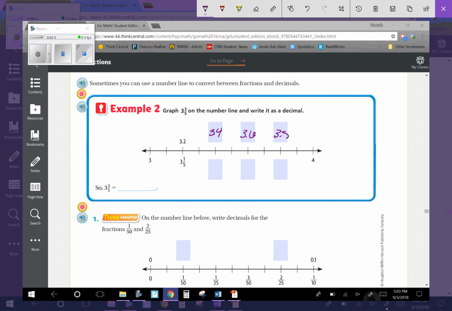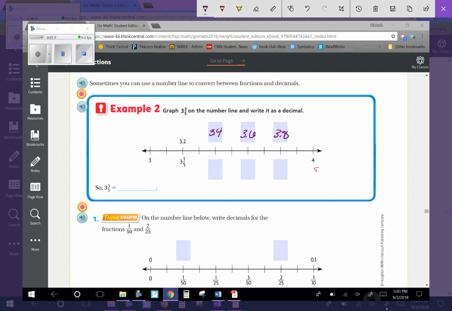Skip a line here. This is 3 8/10. Okay, so knowing that, then I look down here, and this is 1/5, and this is 4. So 1/5. This would be maybe, let's see, 2, 3, 4, 5. No, so that can't work. So then if I skip 1, 2, 3, 4, 5.